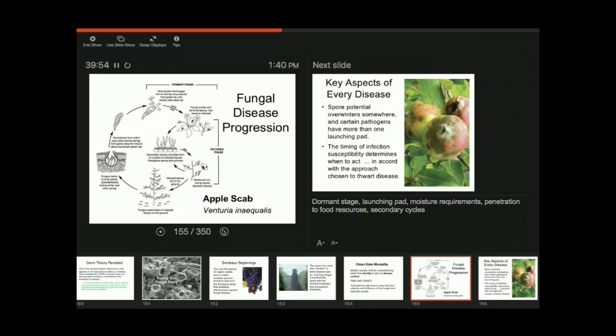So scab is a black spot. There is a period of about 4 weeks when those spore sacs release spores, which coincides with before bloom and about a week or so after bloom.